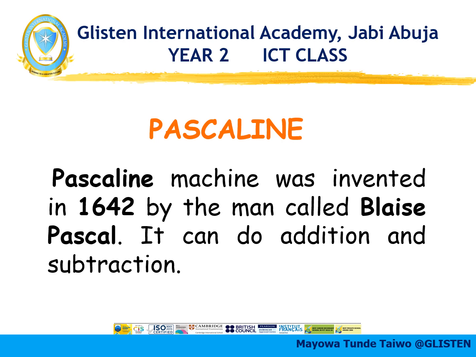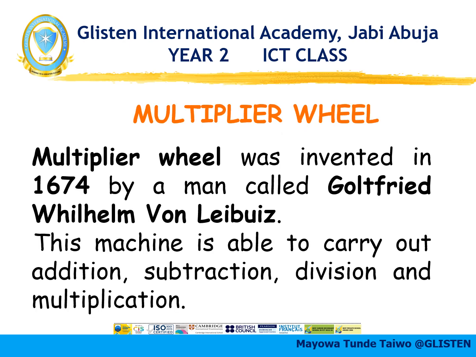Then another machine that was designed is called the Pascaline machine. It was invented in 1642 by a man called Blaise Pascal. It can do addition and subtraction. Please take note of the name of the machine and also the year it was invented. Also, we have the multiplier wheel.